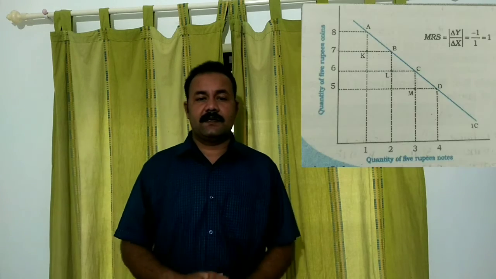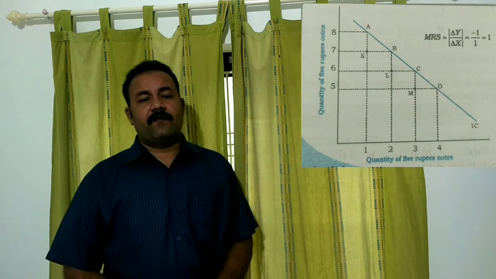Then we want to discuss indifference curve for perfect substitutes. Then what are substitutes? In the case of substitutes, we can use one commodity for another. Or in the case of substitutes, when the price of one commodity increases, the demand for the other commodity also will increase.